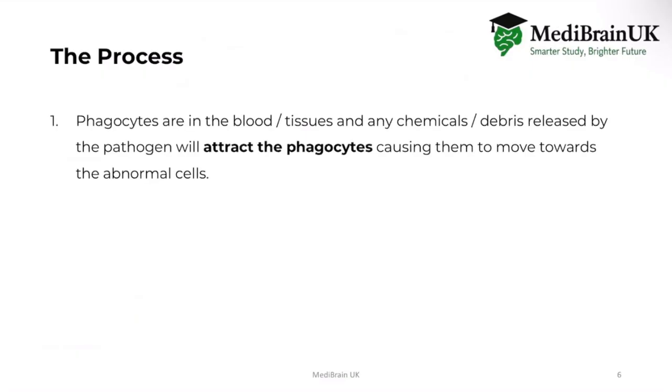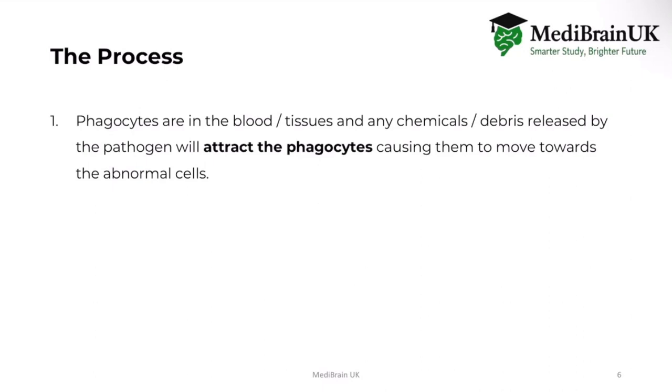So the process. As I said, phagocytes are just circling your body. They are present in your blood. They're just going around your body, trying to detect any chemicals or any pathogens, or any debris that shouldn't belong in your body. Now, when something doesn't belong in your body, chemicals are released from that thing.